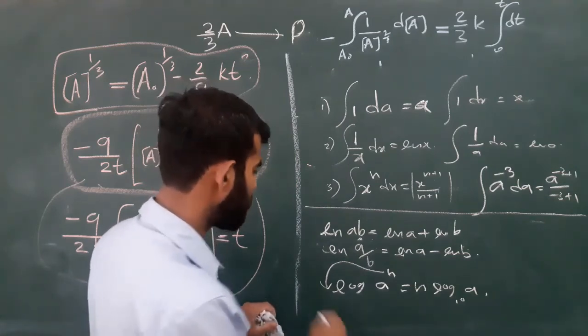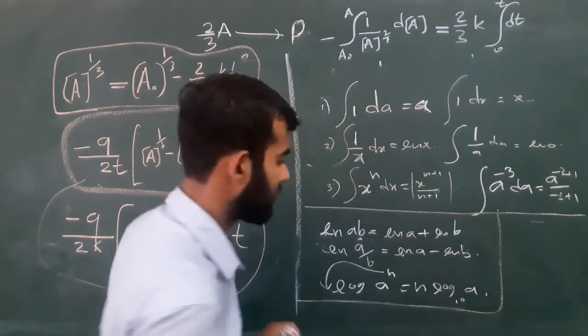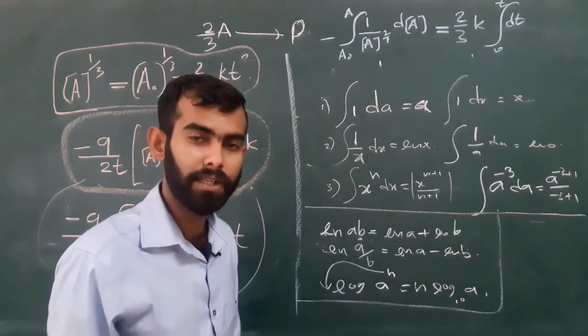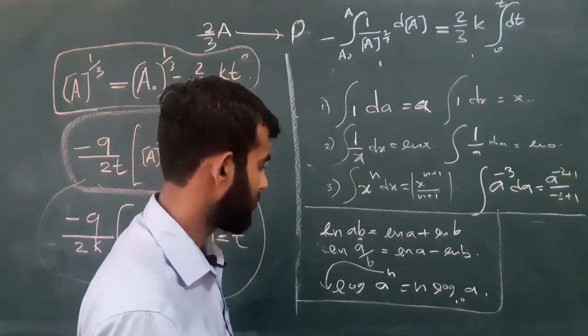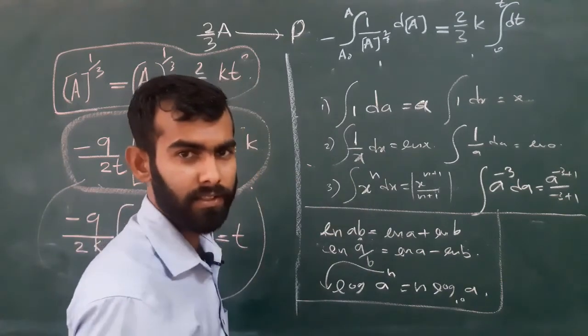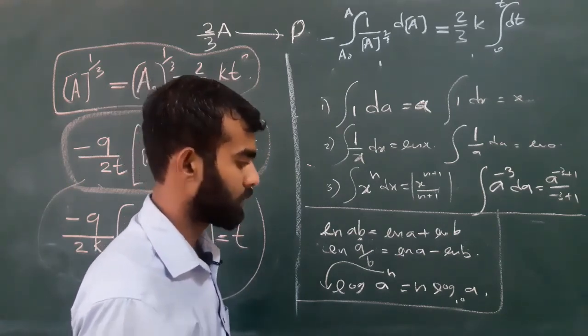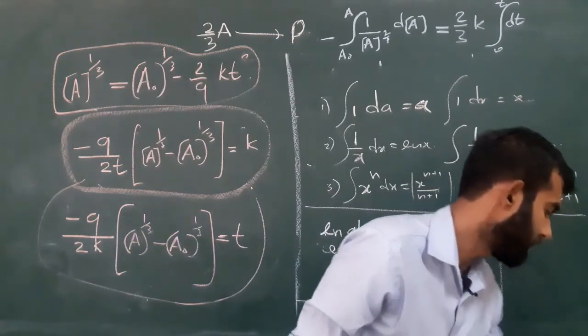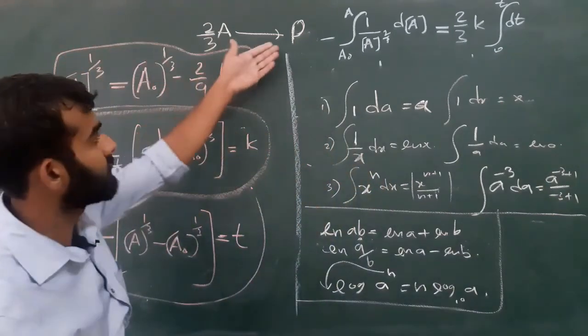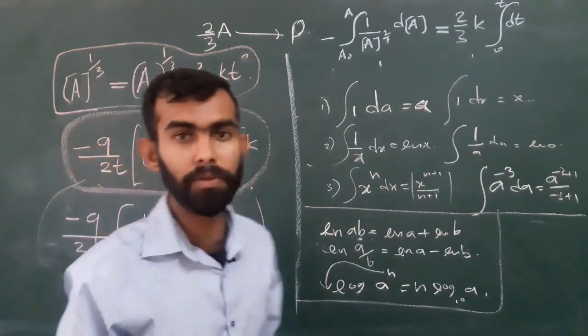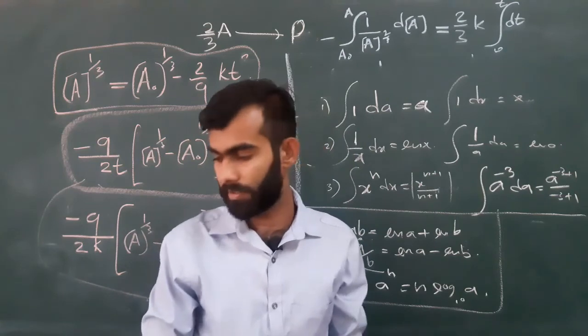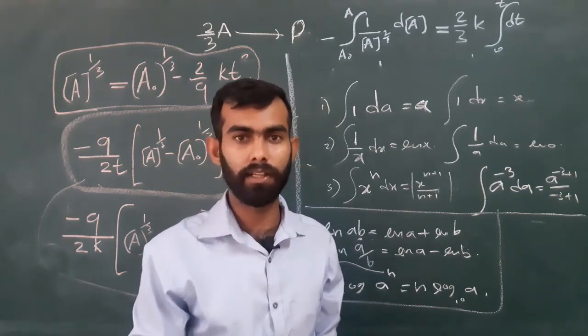Okay, these are the very important things we faced in these chemical kinetics lessons. So if you know these things, everything is very easy. Okay, so this is the summary, and remember this type of question, there is a great probability to come for this examination. Okay, that's it.